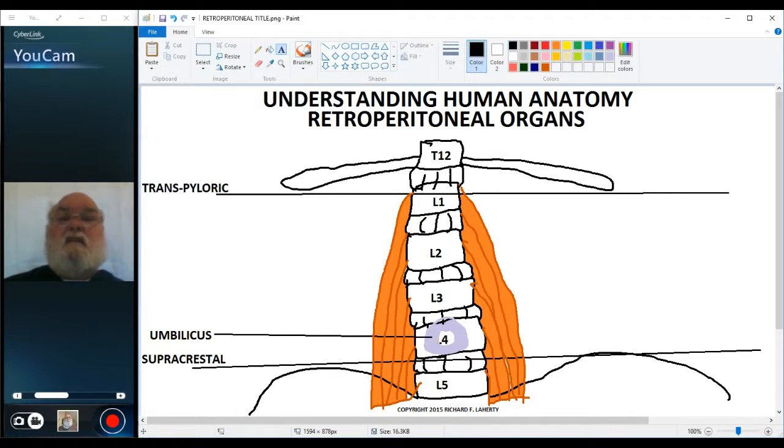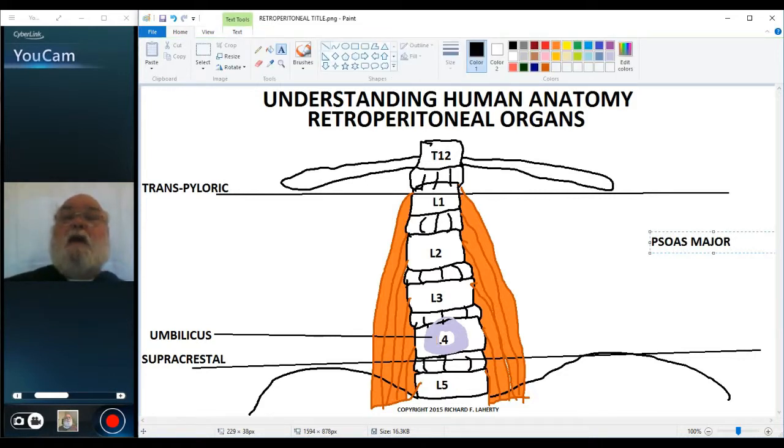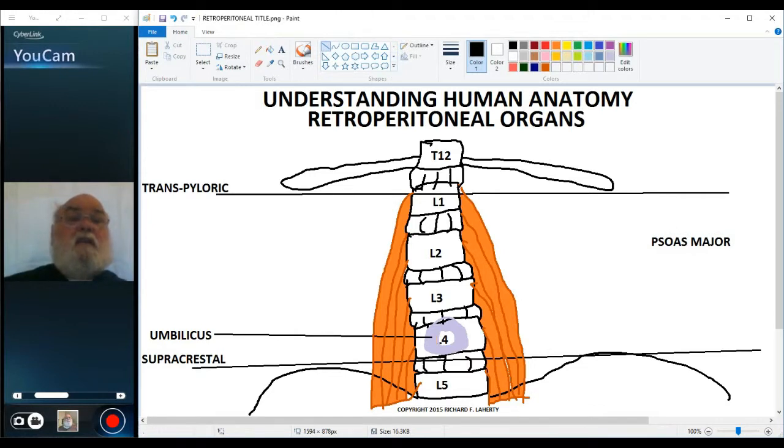And let's draw a label to it. There may be a psoas minor muscle that would be running parallel to it, but its appearance varies from individual to individual. So psoas major.